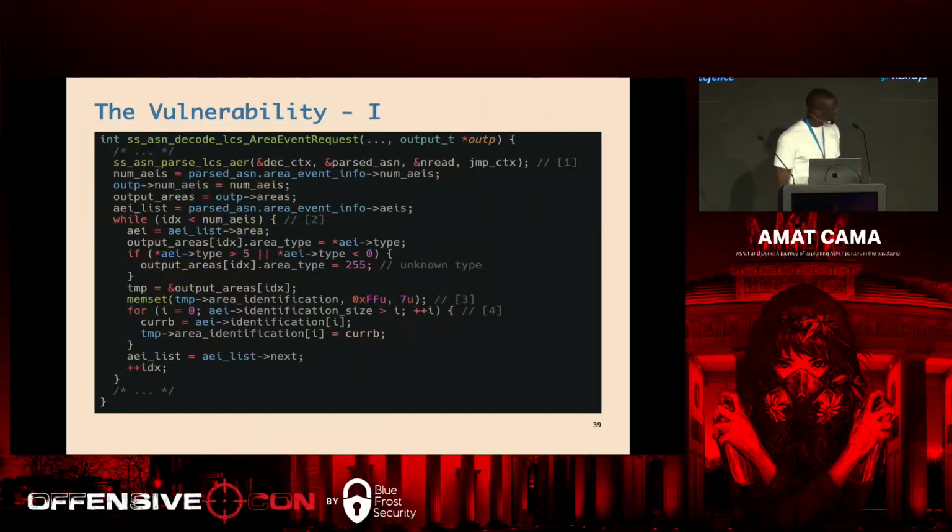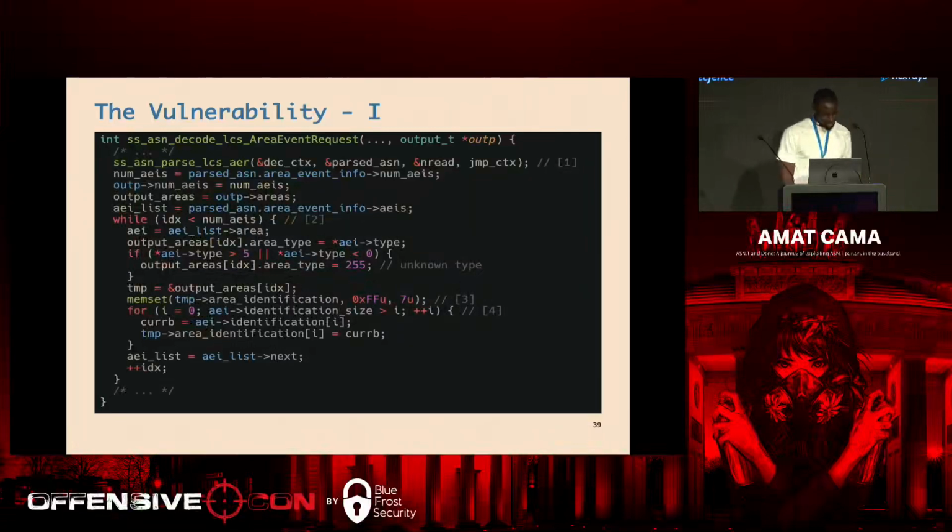I know it's a long function, but let's read it together line by line. There's this function called ASN parse. It essentially just parses the ASN1 message without any understanding of the data behind it. You have the number of AEIs that it stores in an output parameter, which is just a data structure.